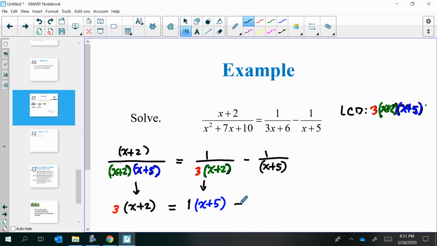And I'll bring down my minus sign and rewrite this part. We see that the x plus 5 is going to cancel, but the 3 and the quantity x plus 2 will not. So I have the 1 times 3 and times x plus 2.